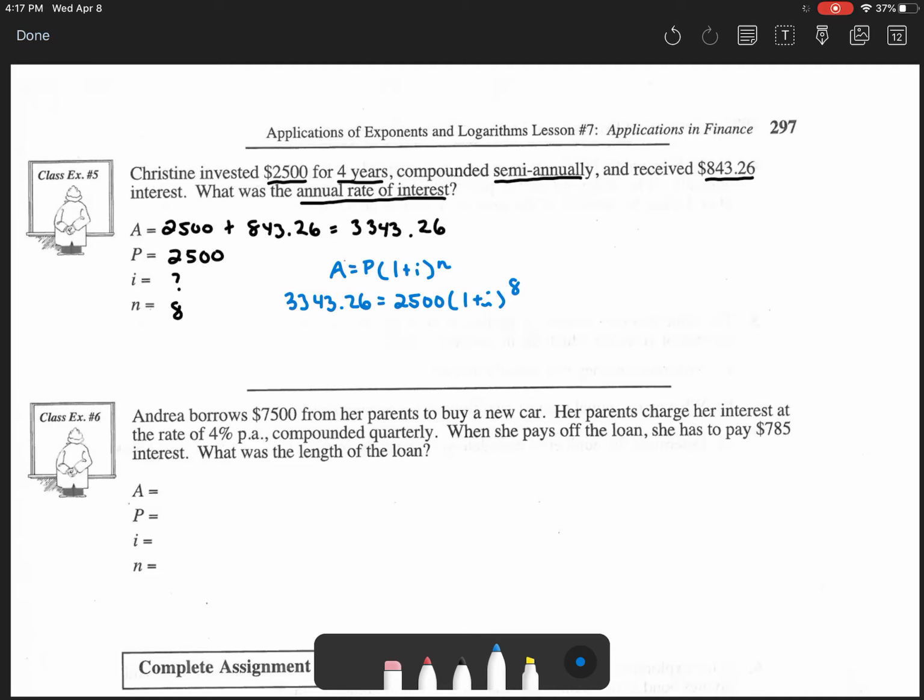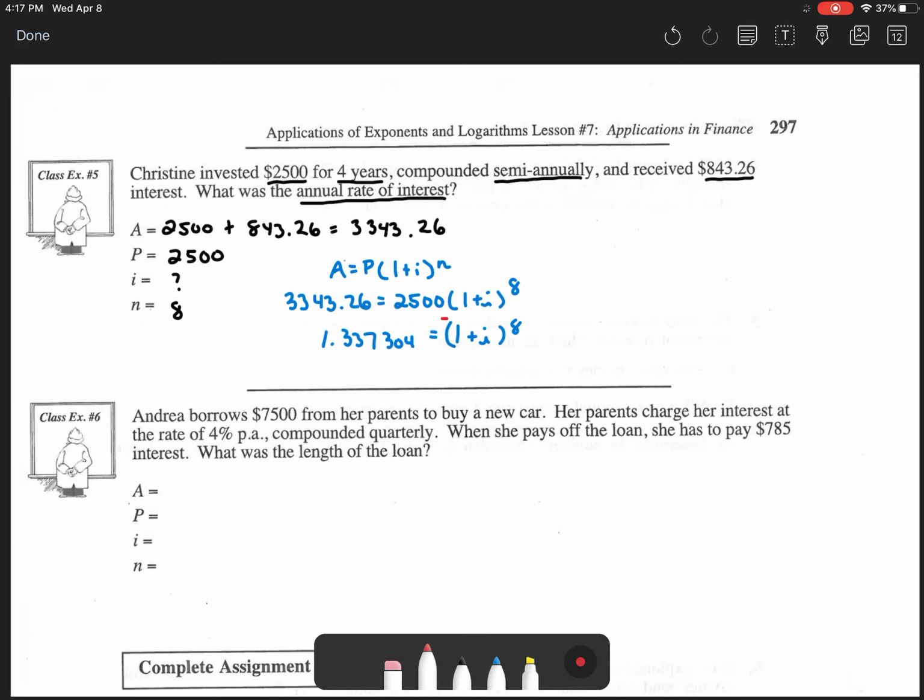So take your $3,343.26 and divide by 2,500. When you do that, you are going to get 1.337304, and that is going to be equal to 1 plus I to the exponent of 8.